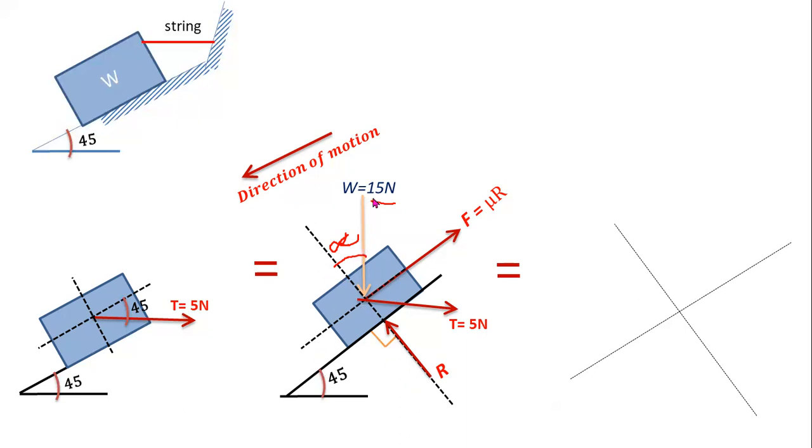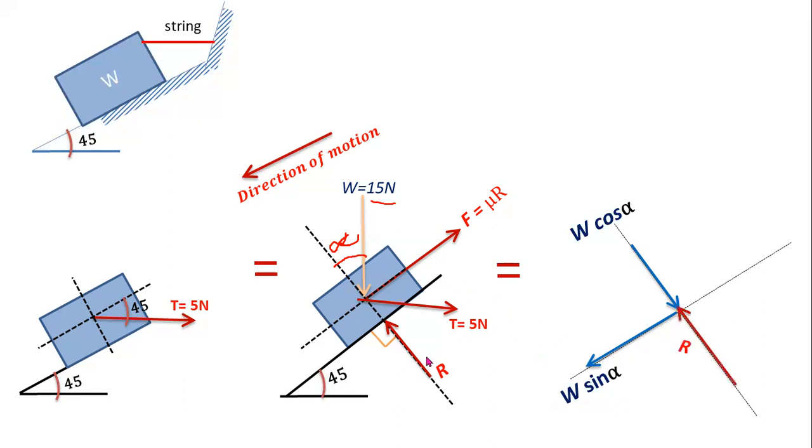You can observe that the self weight W makes an angle alpha with respect to the normal axis. So you have to consider W cos alpha along the normal axis and W sin alpha along the parallel axis. These are the two components of the self weight W, normal to the plane and parallel to the plane.